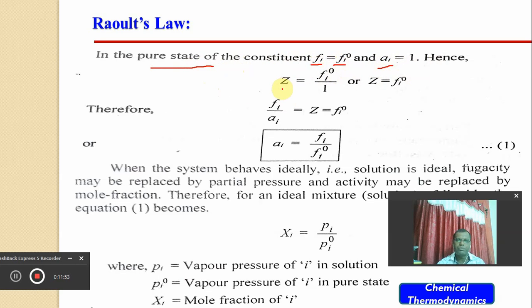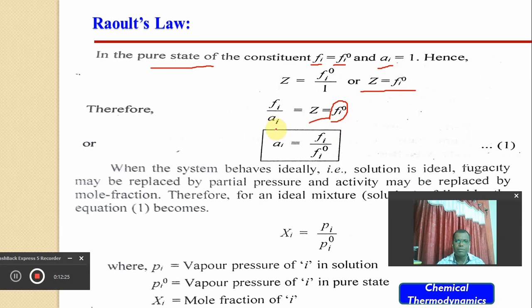Hence the previous equation Z is equal to Fi upon AI becomes Z is equal to Fi0 divided by 1. It means that this Z is the standard fugacity of the ith component in the gaseous phase. So Fi upon AI is equal to Z, but this Z is equal to Fi0, and here Fi upon AI is equal to Fi0.